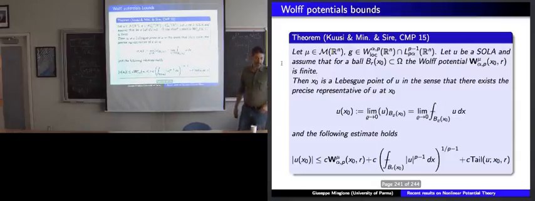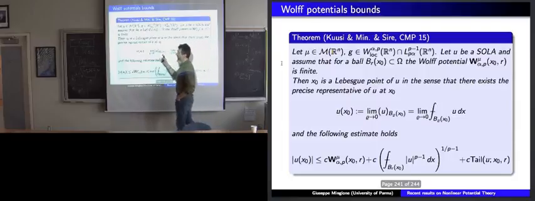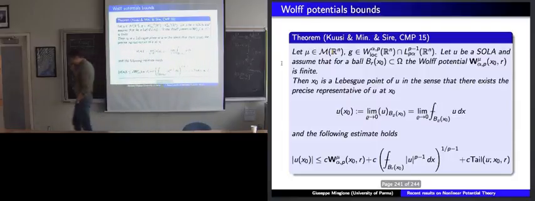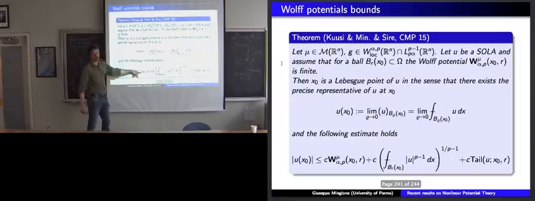In particular, we have an analog of the fine property of the potential of the solution: if the natural Wolff potential is finite, then this is a Lebesgue point and everything works. So you can give sense to the left-hand side, and this is the precise representative.